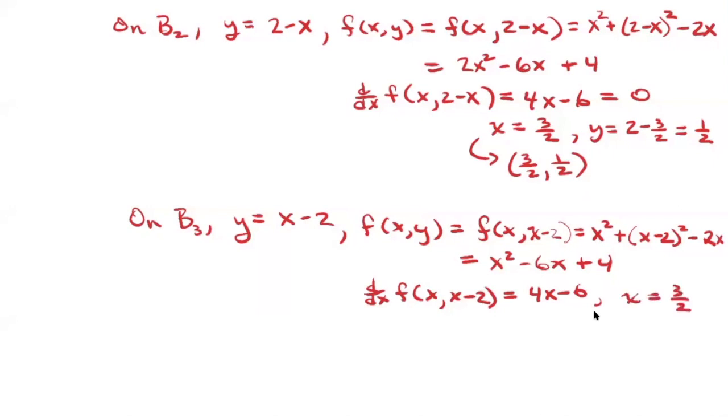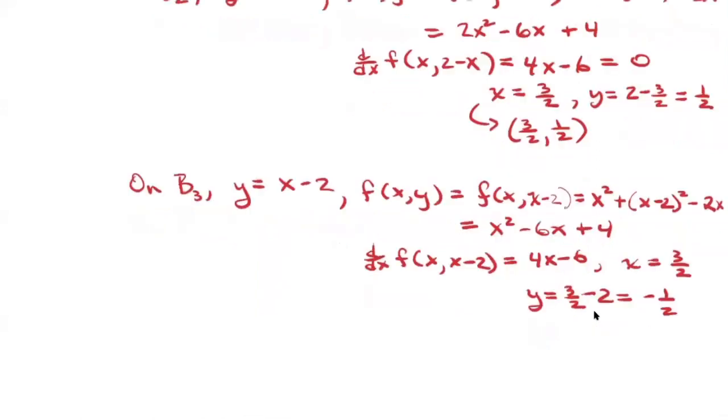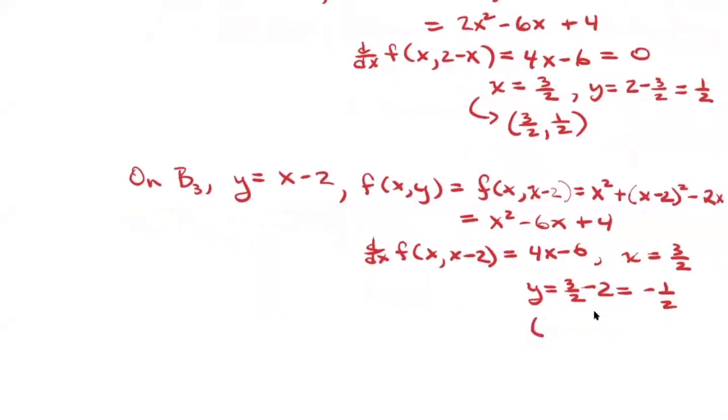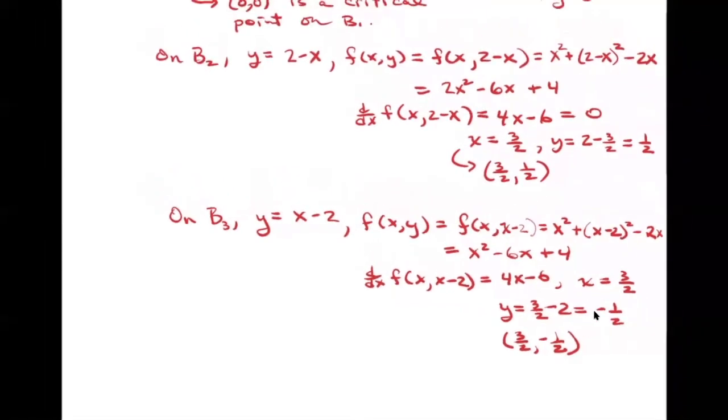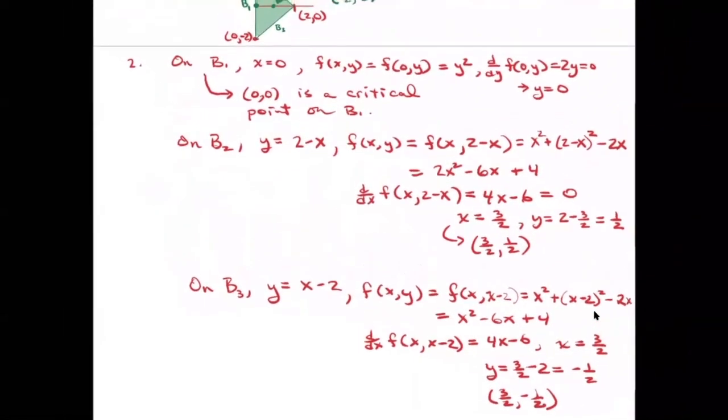Now y is different though. y is x minus 2. So this will be 3 halves minus 2, which will be negative a half this time. So this time your point is 3 halves and negative a half. So there's a little symmetry to that compared to the last one. And I'm just going to kind of shrink this down a little bit and squeeze it in.